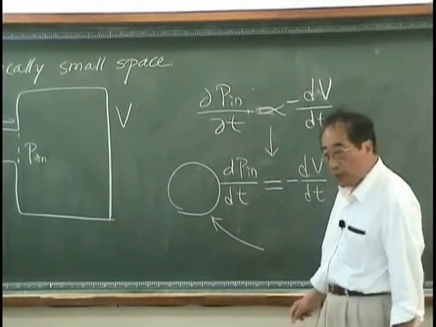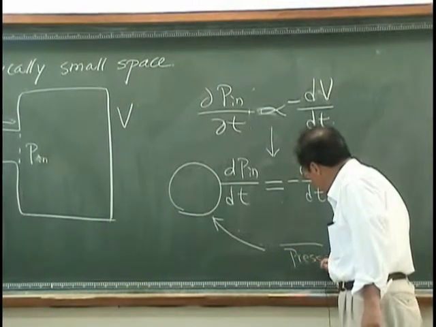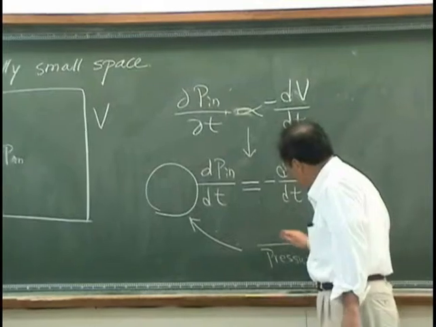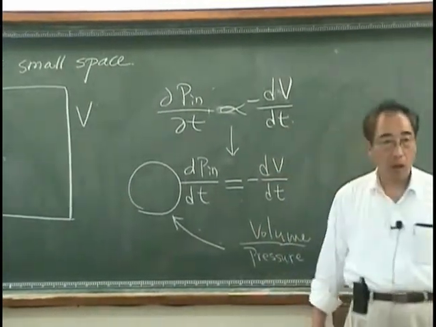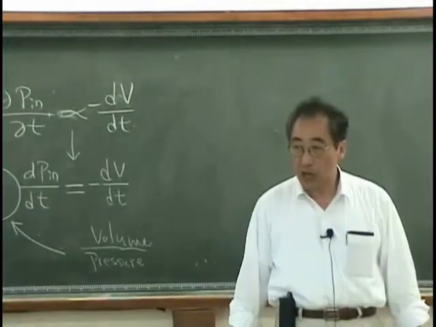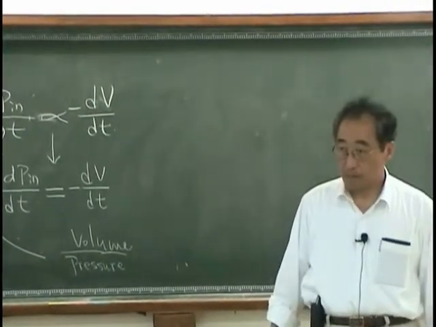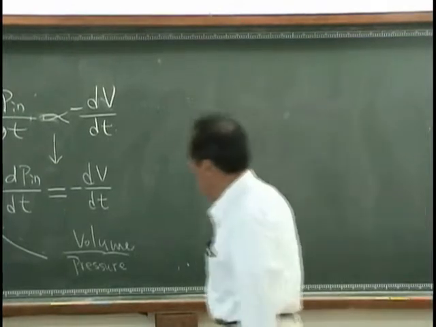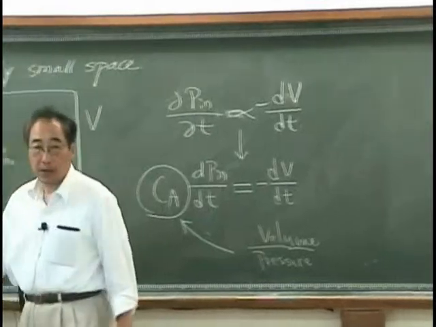The dimension of that should be volume over pressure. In other words, how much volume change I will get for unit pressure change. Okay? That we call compliance.